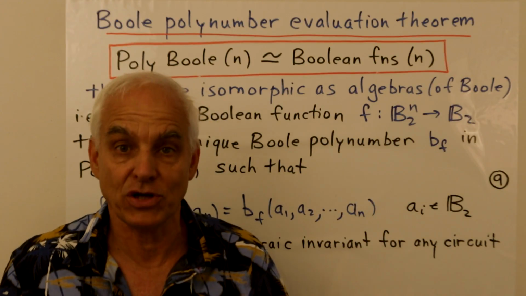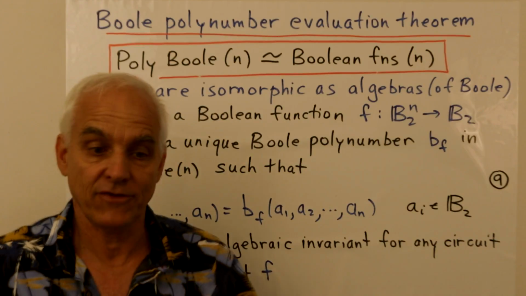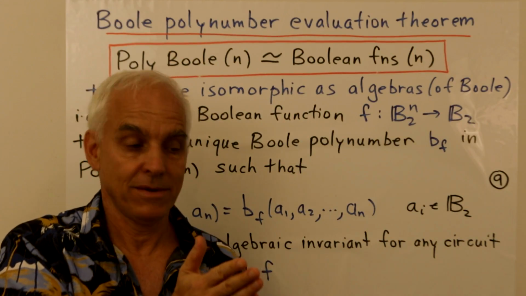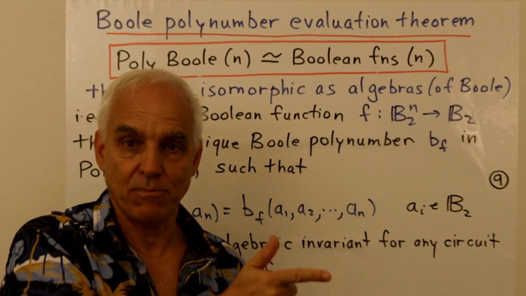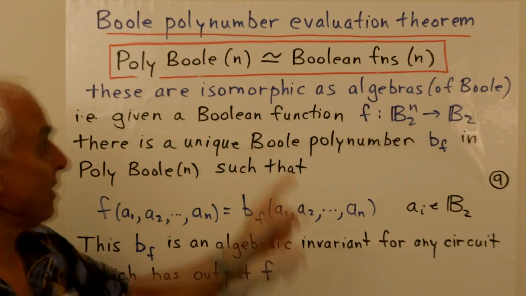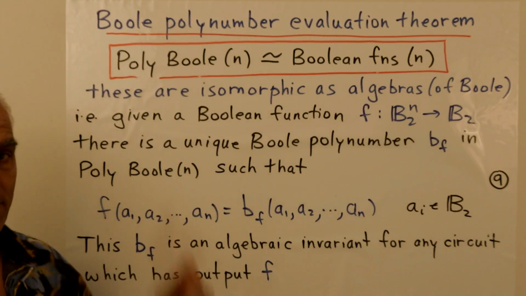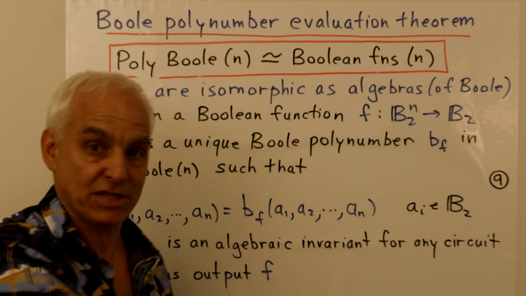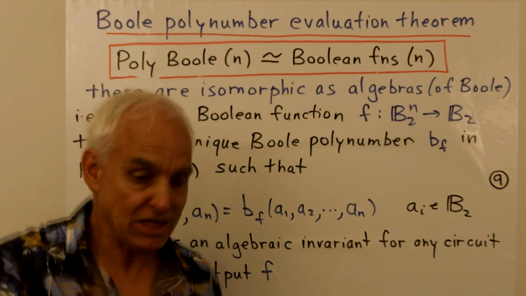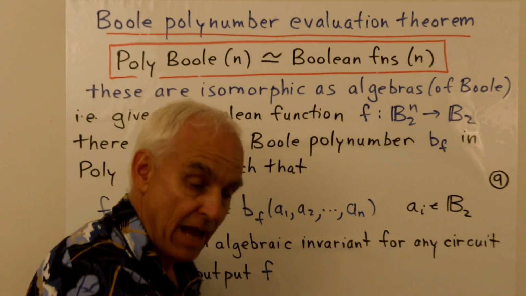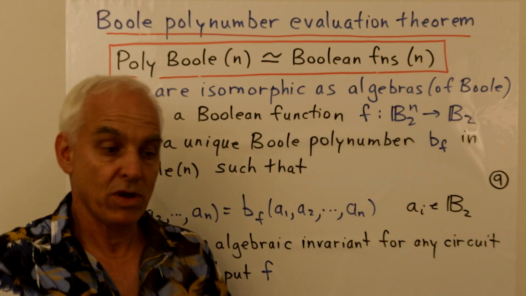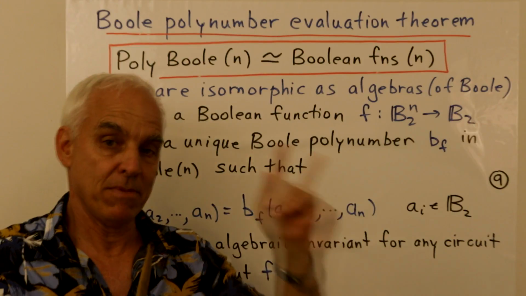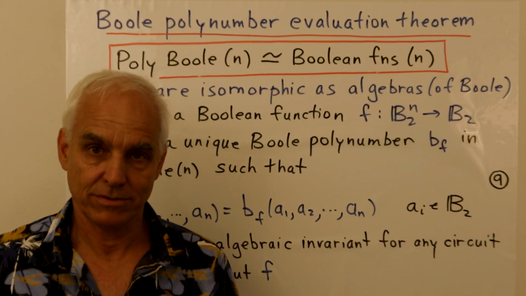That's a Boolean function. And this theorem is now telling us that we can represent that Boolean function by a Boole polynumber. There's a unique Boole polynumber that will represent that particular function. And so any circuit that creates that particular Boolean function will be associated to the same Boole polynumber.